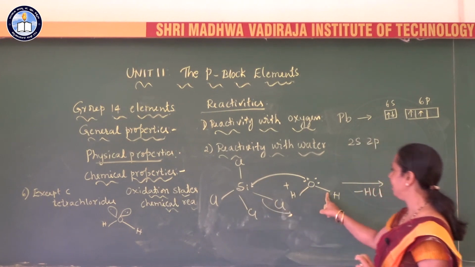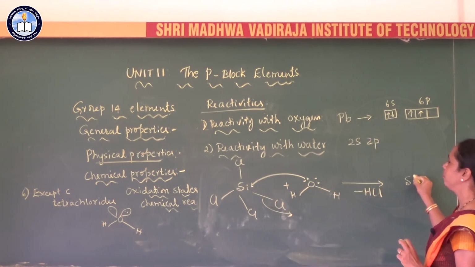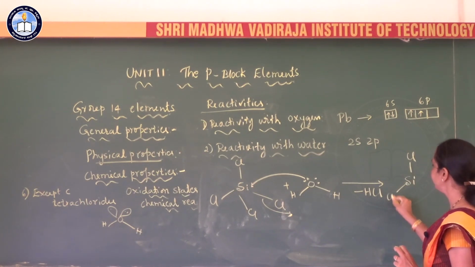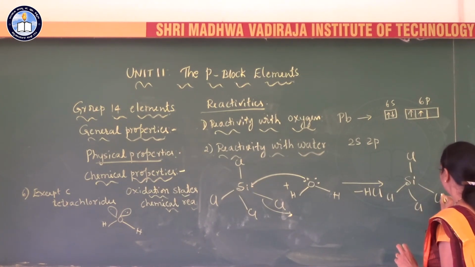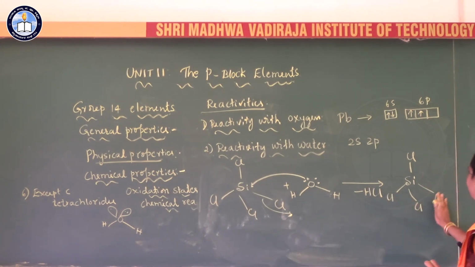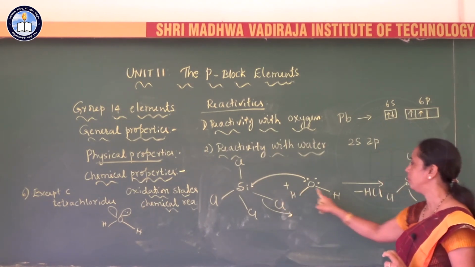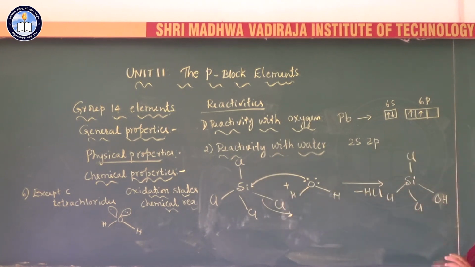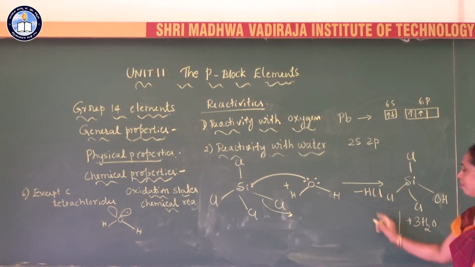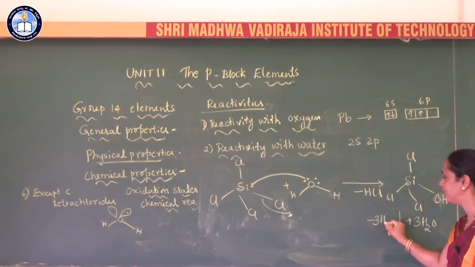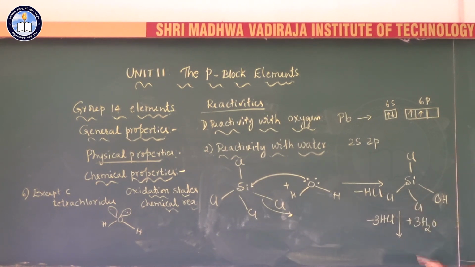Where there was a chlorine, OH attacks and substitutes. This OH group is substituted here. Similarly, there are 3 more chlorine atoms, and silicon still has empty d orbitals, so it further reacts with 3 more water molecules, removing 3 more HCl.